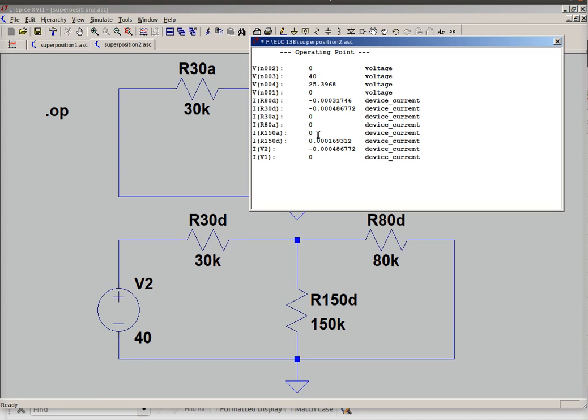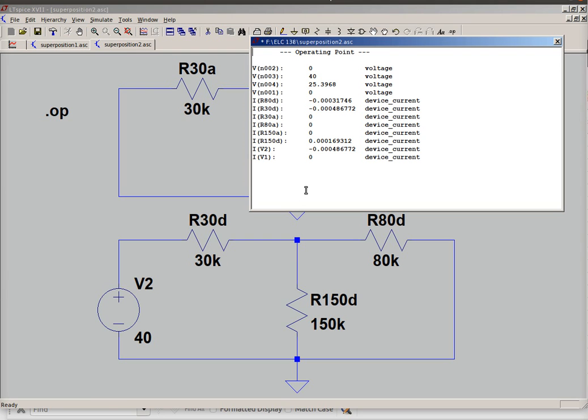In my DC class, I don't really worry about the direction so much. We are using conventional current flow, so whatever is flowing out through the 30K should be equal to what's going through the 80 and the 150. And in fact, they are. The signs are off a little bit. So 17 and 32 would be 49 basically.